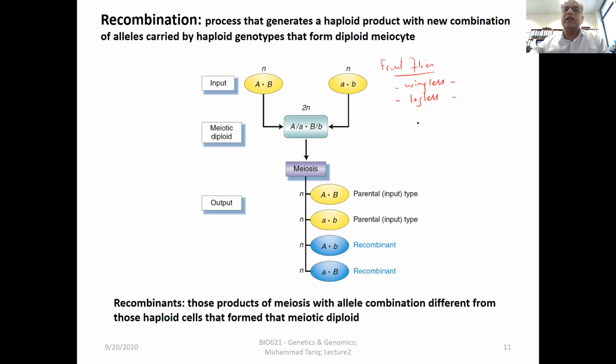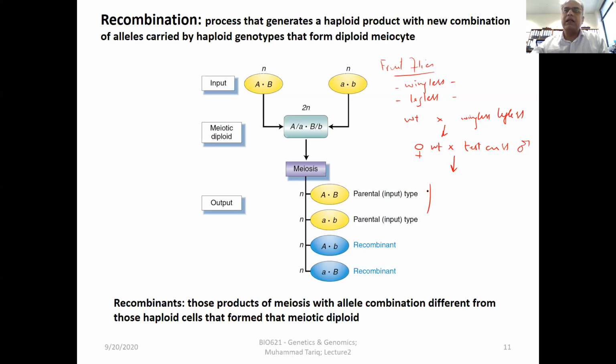You crossed wild type with wingless, legless flies. You received all wild type. You set up a test cross. Here you used female, here you used male.